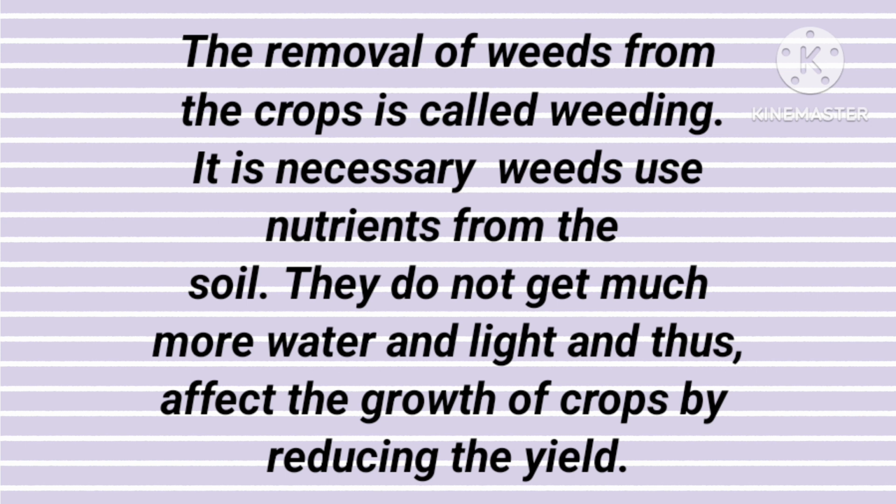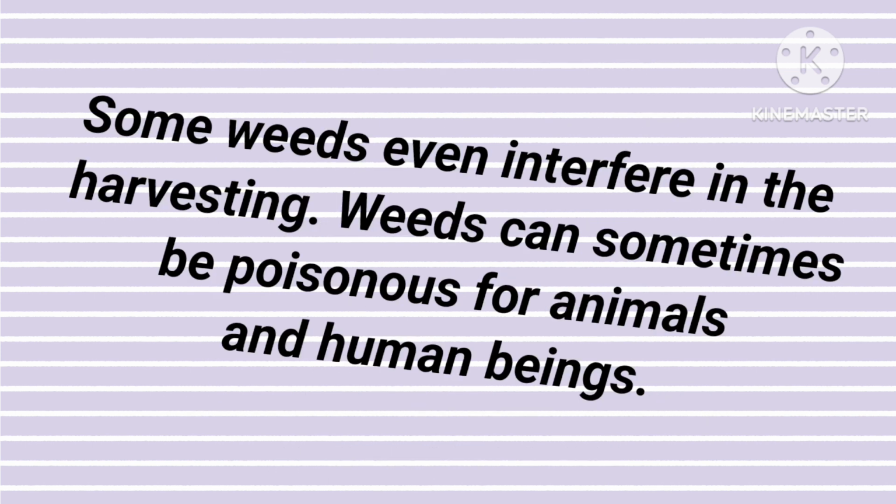It will grow much higher as compared to our crops. So because of that, we have to remove all the weeds which are present in the crops. That is one of the most important things. It mainly reduces the yield. Some weeds are very poisonous.